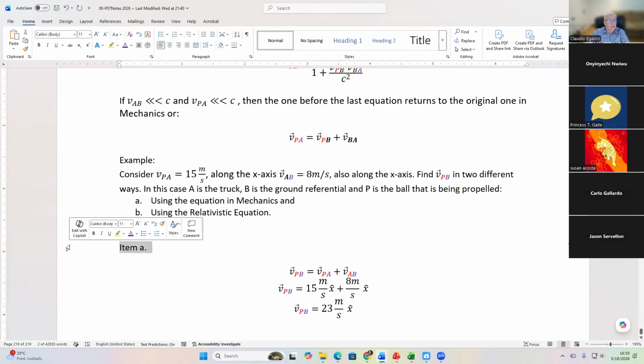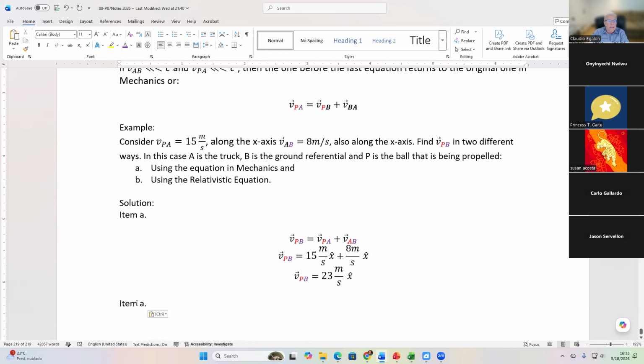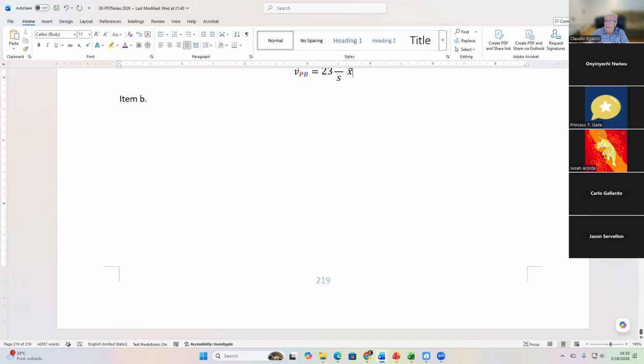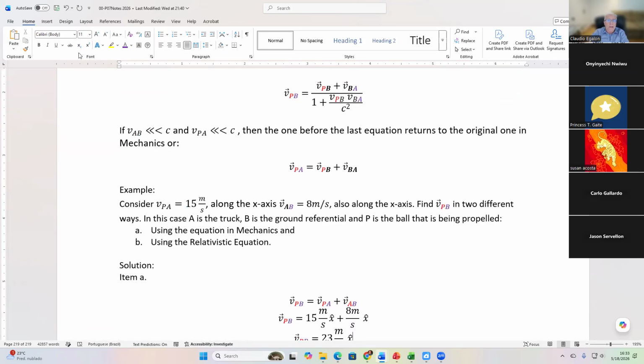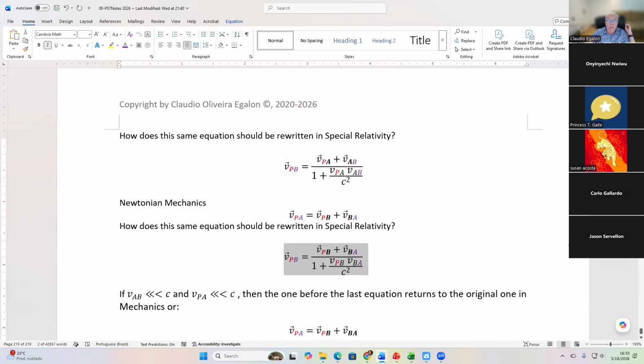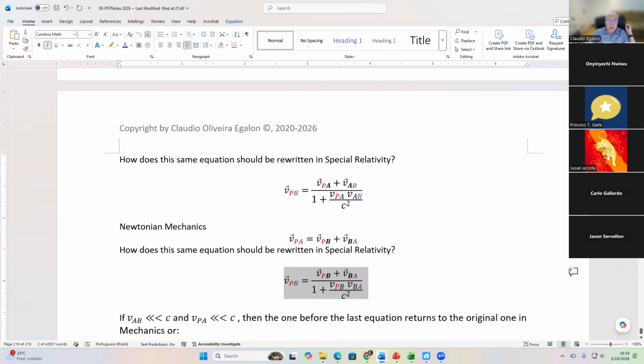Now let's do that using relativity. Item B. Let's see what we get. We want VPB, so we want a different equation.